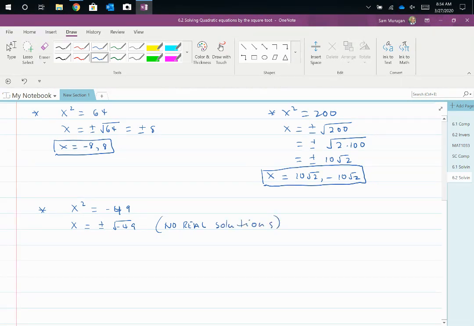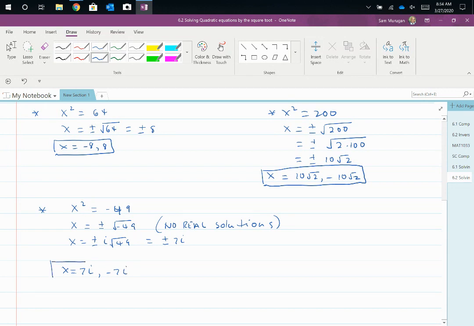However, we can find the complex solutions. So remember how we do that. We write plus or minus i square root 49, which is equal to plus or minus 7i. So the two solutions here would be x is equal to 7i and negative 7i.